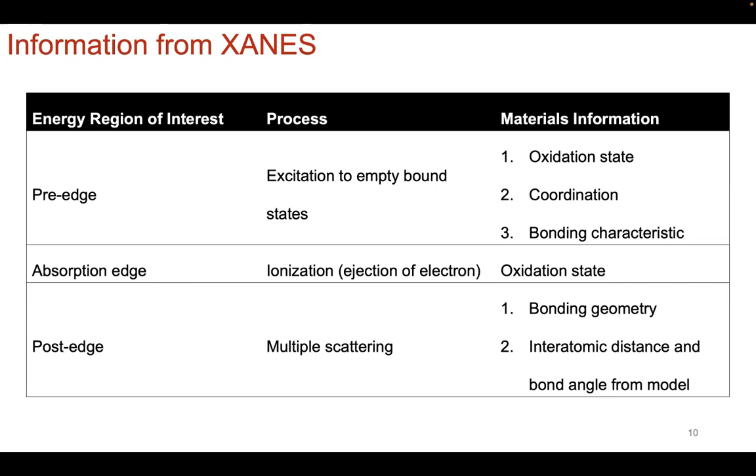It's computationally expensive, and how do you encompass all of the multiple scattering processes? So we can use measured standards to try to understand what kind of structure we really have.